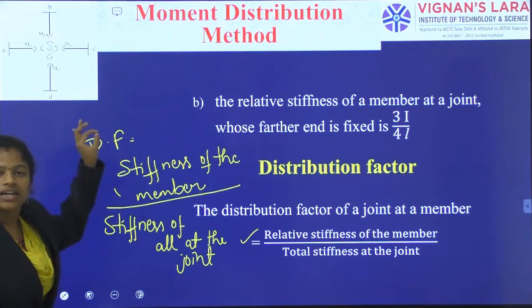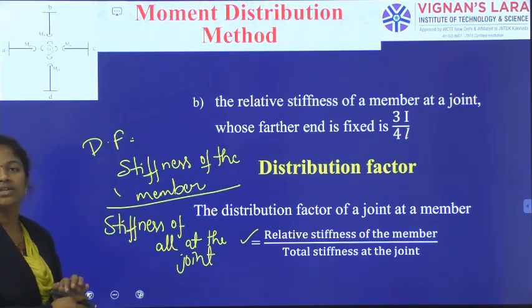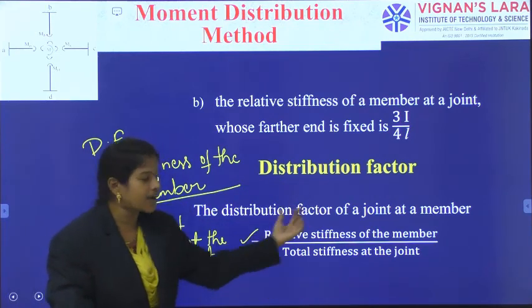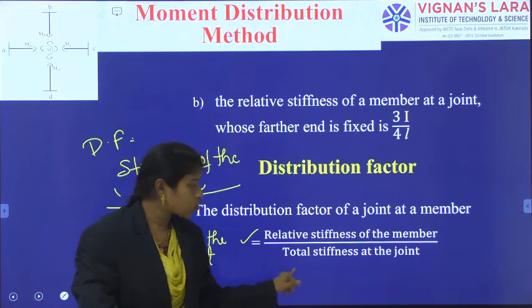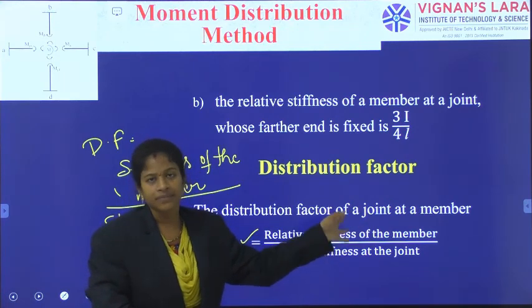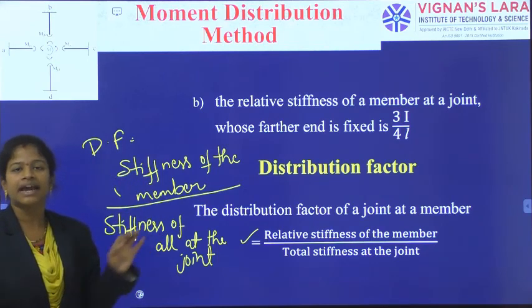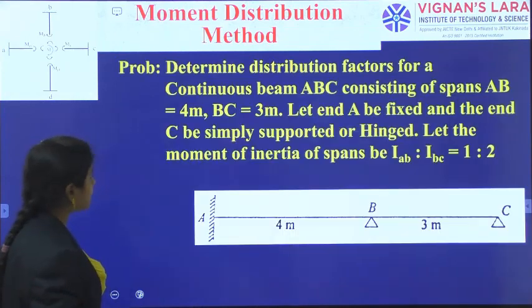Directly using the concept of stiffness, I can write the distribution factor, or using the concept of relative stiffness, I take the next formula for the distribution factor, that is the relative stiffness of the member divided by the total relative stiffness at the joint. This answer will be equal to the distribution factor of that particular member. Okay, so in this way we have calculated this part.